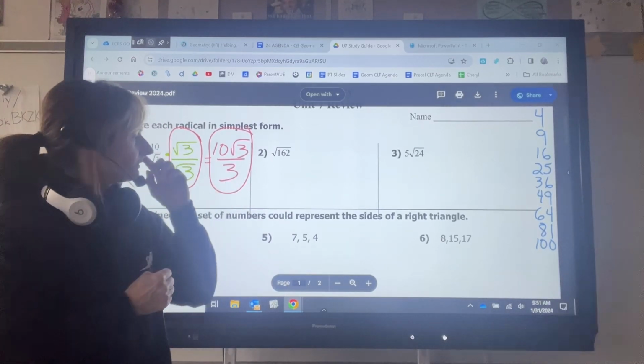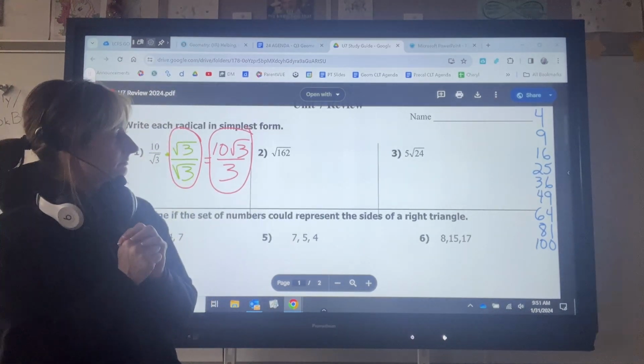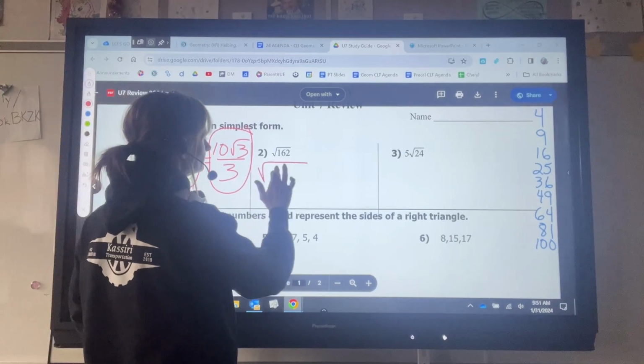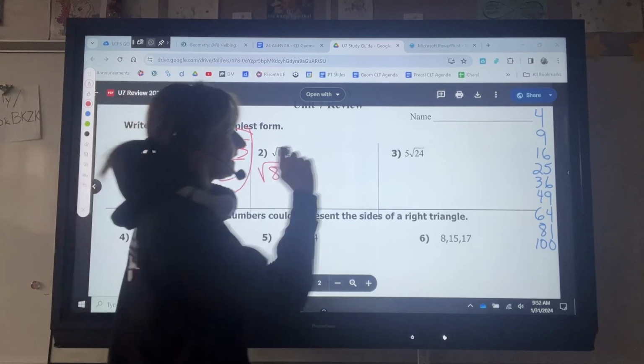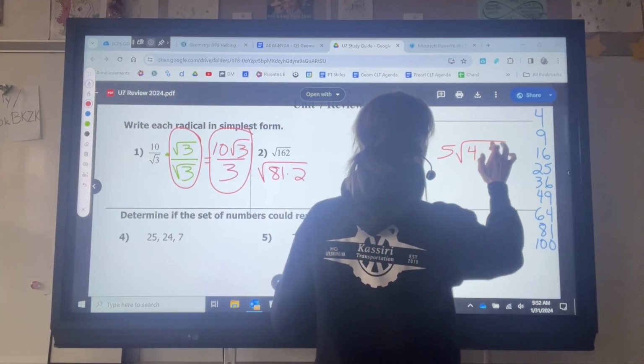I think it's 81. And I think 4 goes into 24. You tell me, you guys have already done these problems. Is that 81 times 2? Okay, and then for 24 we'll put the 4 first because it's a perfect square.